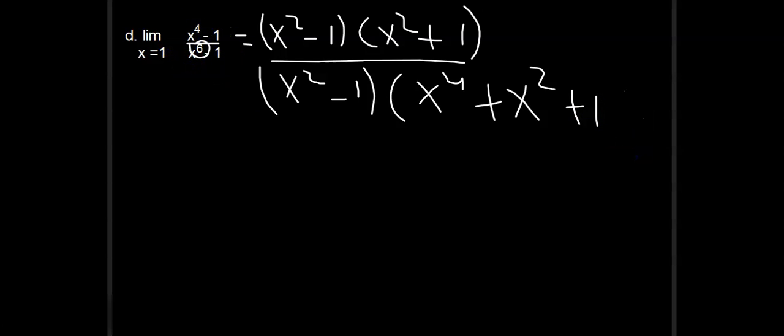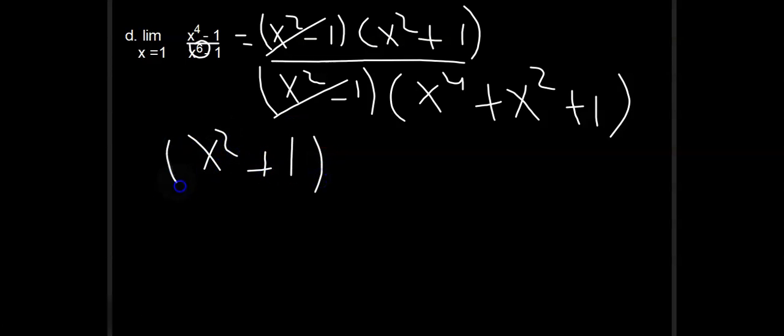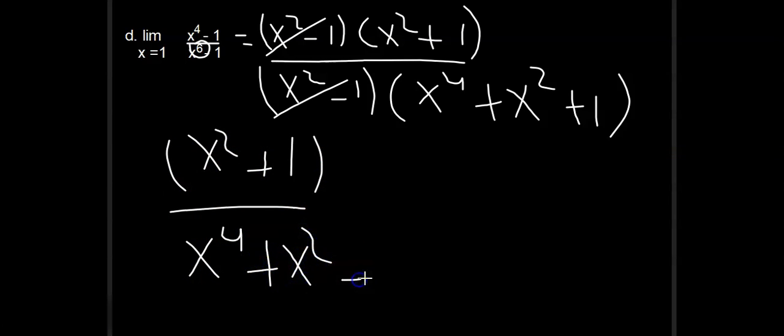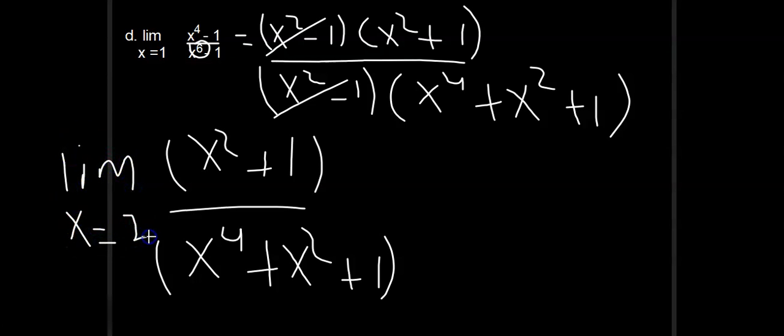Since these two are the same, I break it down and simplify, and now I can cancel some stuff. When I cancel, I'm left with (x^2 + 1) over (x^4 + x^2 + 1), the limit as x goes to 1.